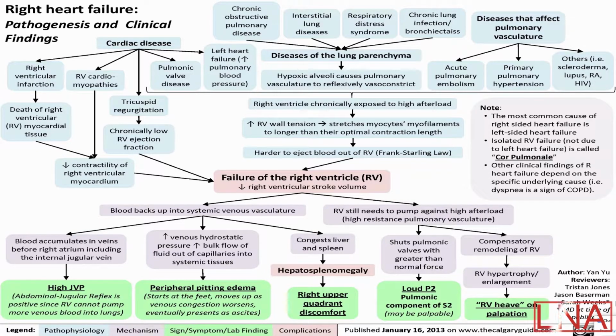This leads to hypoxic alveoli, causing pulmonary vasoconstriction reflexively and blockage of some parts of the parenchyma through the blood supply and circulation.